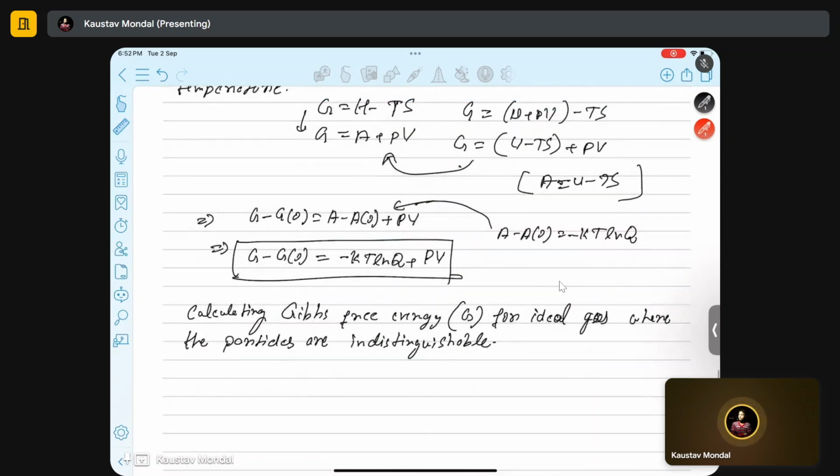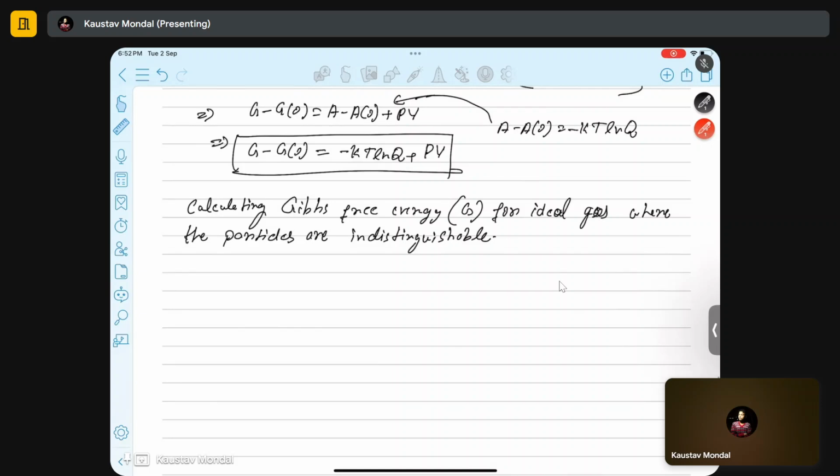So for that, first what you can do, you can write capital Q equal to q to the power N by N factorial. So G minus G0 would be minus KT ln of q to the power N by N factorial, plus PV.